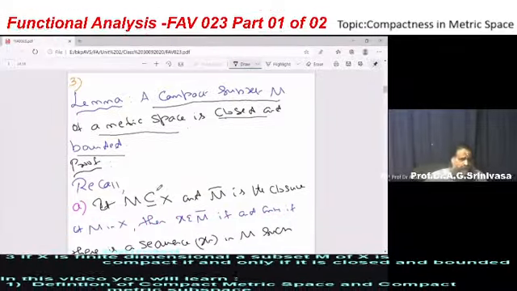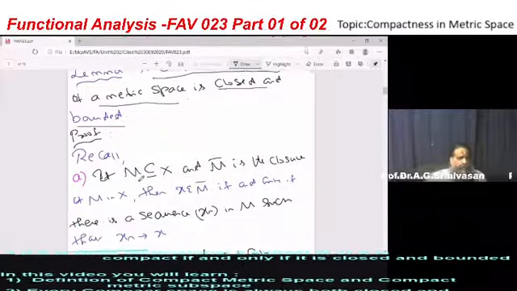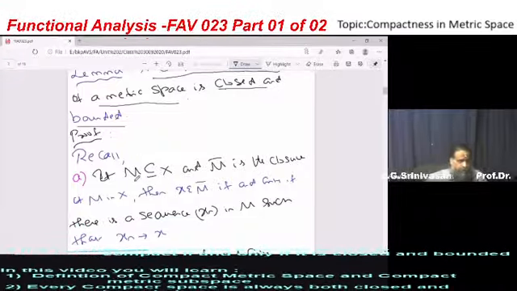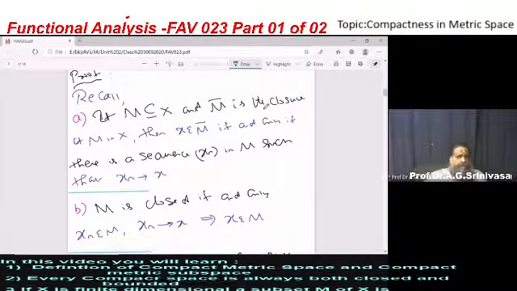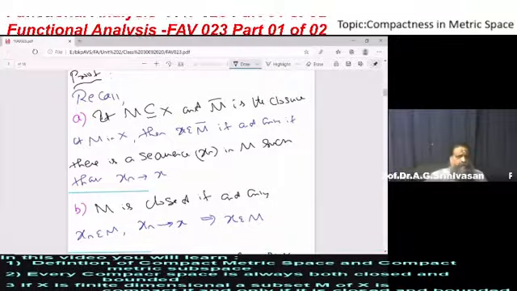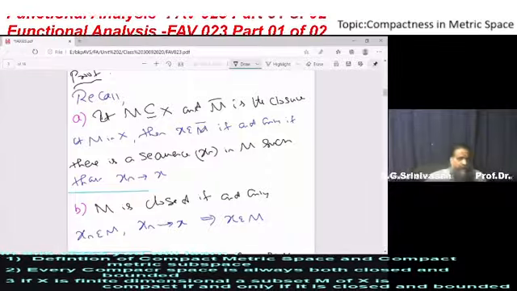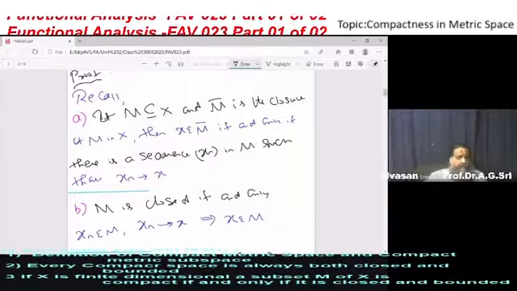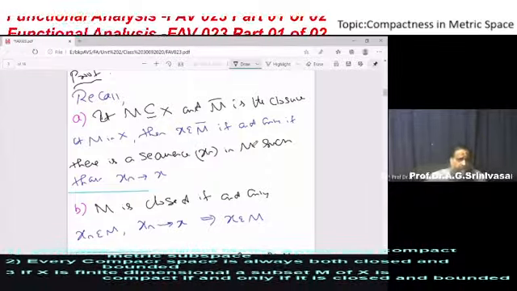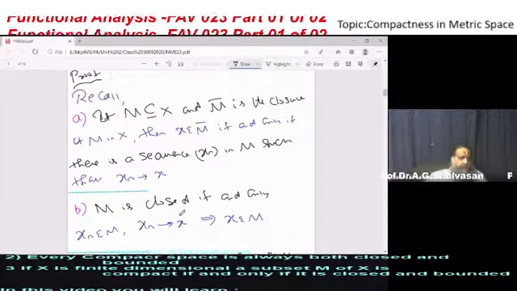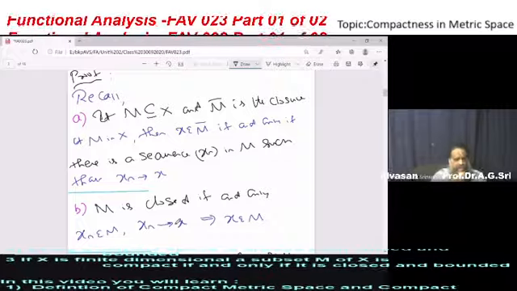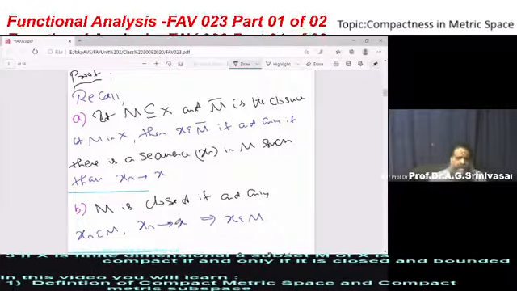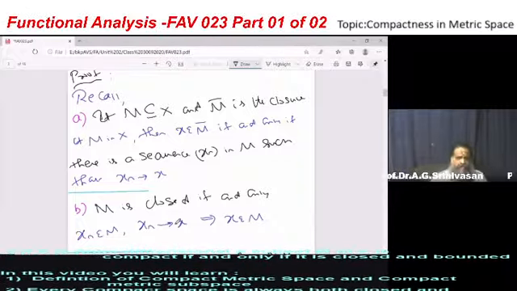Now to do this, I recall a result which we already proved long ago in the first unit. It says if M is a subset of X and M bar is the closure of M in X, then x belongs to M bar if and only if there is a sequence xn in M such that xn converges to x. We proved this, I think, as theorem 1.47, though I'm not sure about the number.